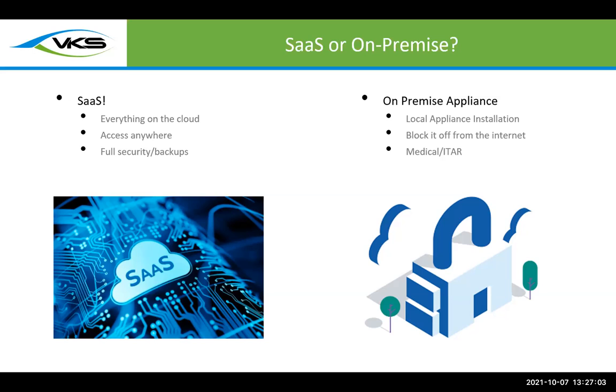Other customers might say, I want a cloud solution. I want something that I can access anywhere, and I can sit at home and make work instructions if I want to. It's one of the cool things about cloud solutions. With VCAS, you've got both options.